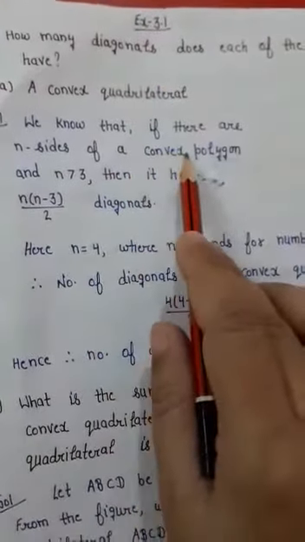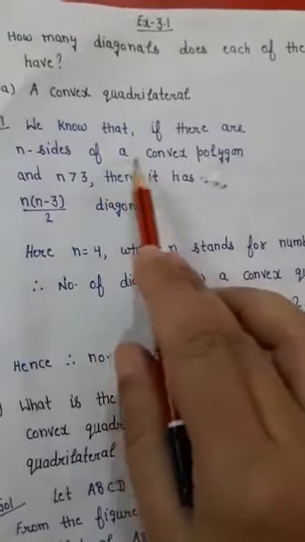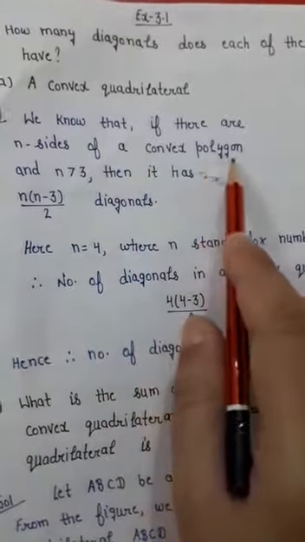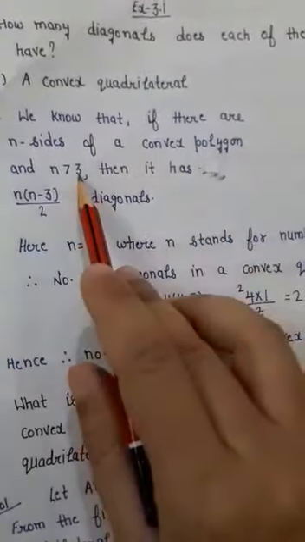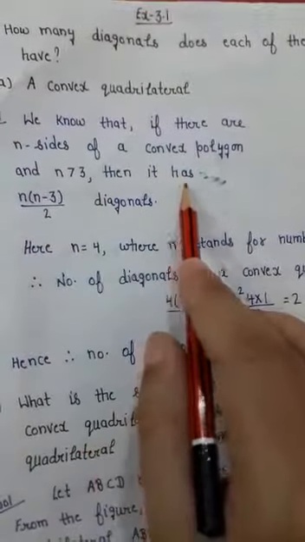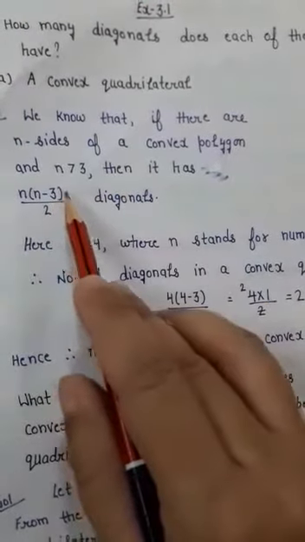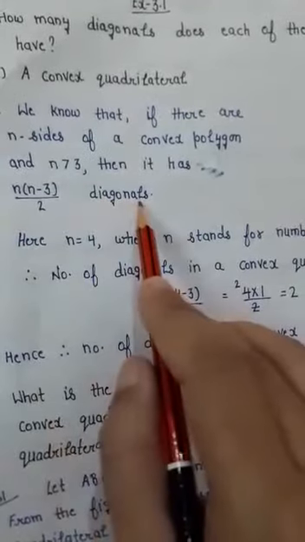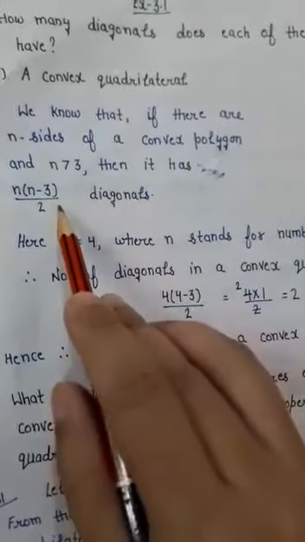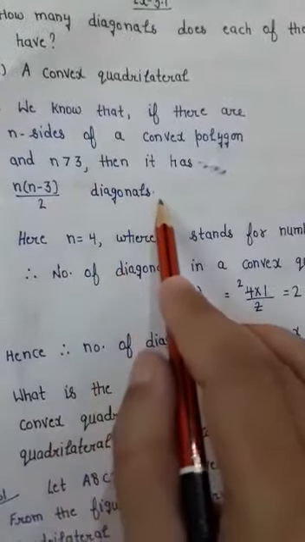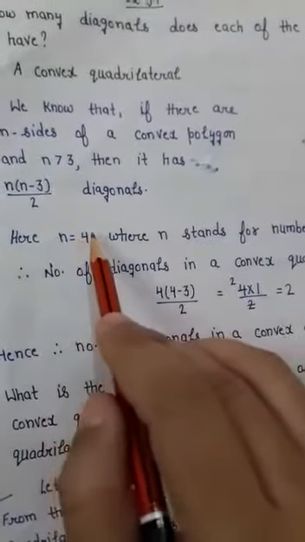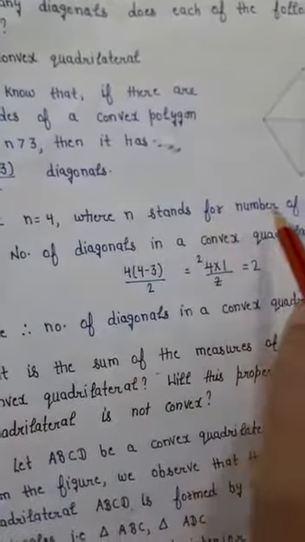We know that if there are n sides of a convex polygon and n is bigger than 3, then it has n into (n minus 3) upon 2 diagonals, where n stands for the number of sides. Here n equals 4.